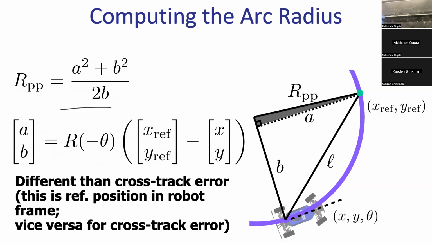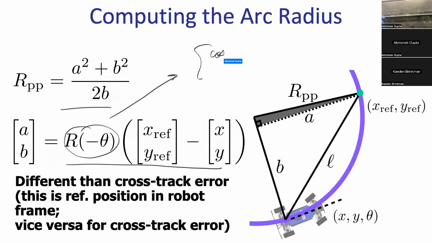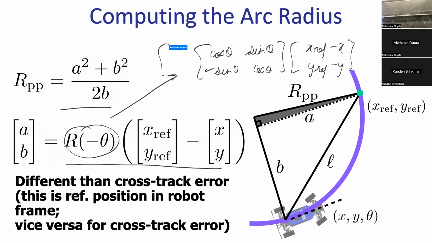We've said A and B are given by this rotation matrix, cosine theta, sine theta, minus sine theta, cosine theta, be a little careful with the signs here, which is R of minus theta, times x ref minus x, y ref minus y. This is going to be A and B. So we worked out what A is and what B is in terms of x, y, x ref, y ref, theta. Now we have R as a function of all things that we know.